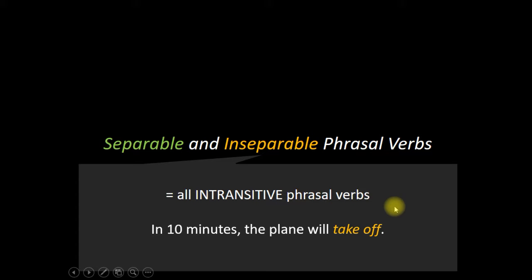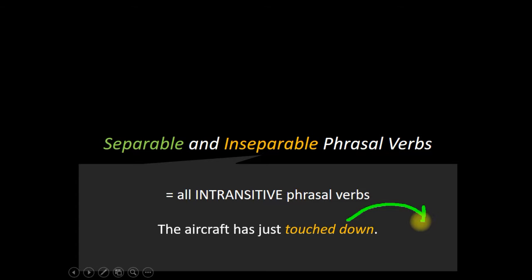No, it's not taking off anything, it's just take off. So intransitive. Likewise, the aircraft has just touched down. Has just touched down something? No. It's just touched down. It's by itself, it has complete meaning already. So all intransitive phrasal verbs like these, you don't need to worry about separating.